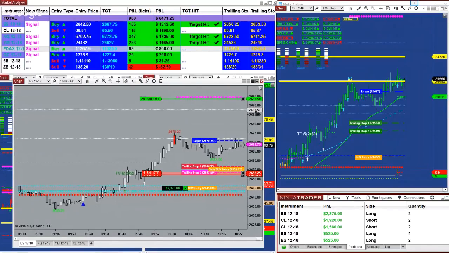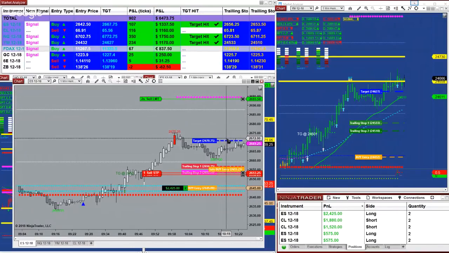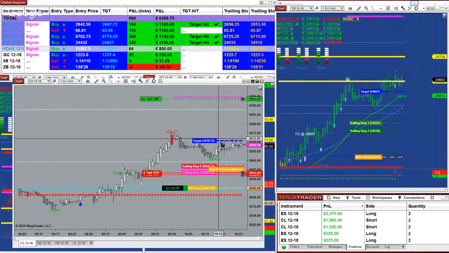That will be your last destination on that one. So we will see if we can break that area. It's right at the target and the fib line, and there is nothing we can do except wait on those trades.